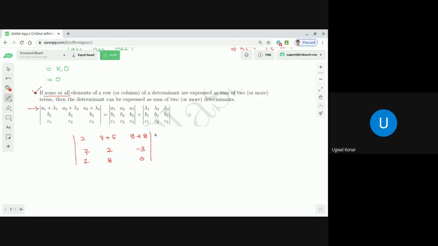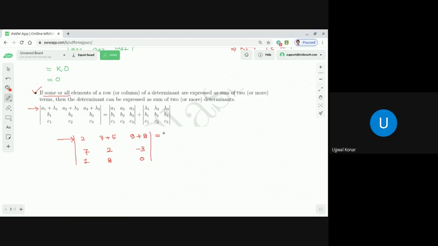So in this case, not all elements of a row are expressed as a sum of two terms. If you look into the first row, only some terms are actually added. Some terms are not added, some terms are expressed as a sum of two terms.